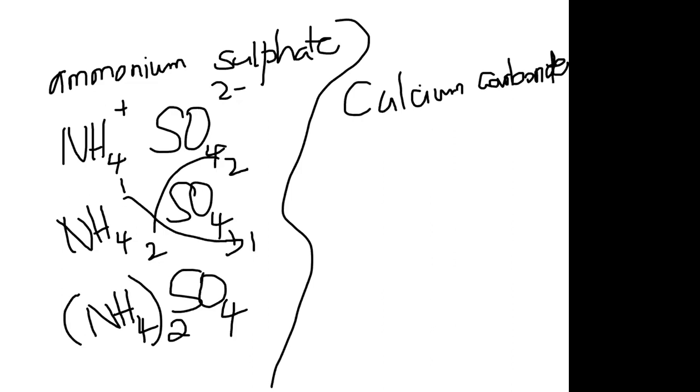Hi, Abigail. Just remember to never call you Abby. Hi, miss. All right. So we have calcium, Ca2 plus, and what's the formula for the carbonate ion? CO3, 2 minus.